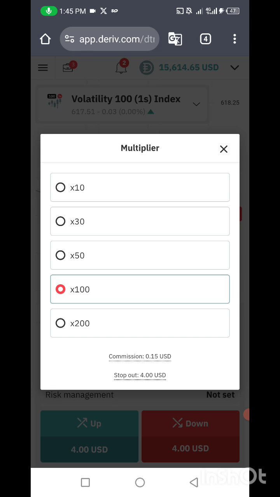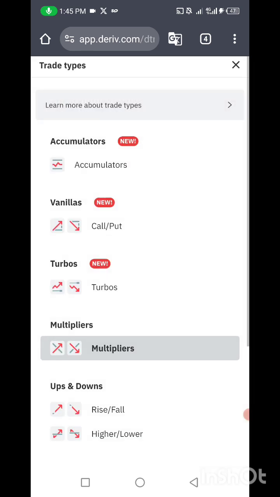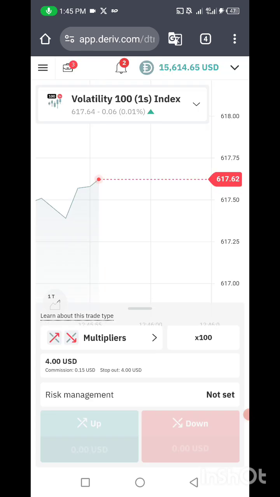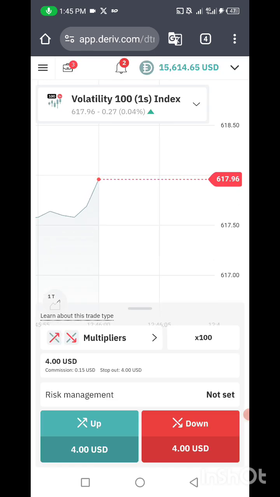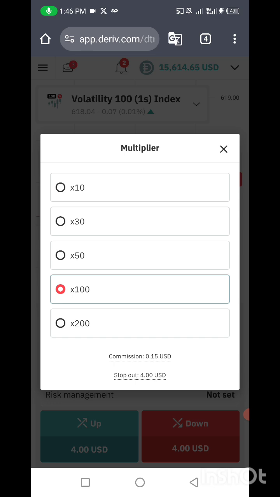We are on a multiplier market. If it is not set to multiplier market, you can see it when you click there on the column. You see multipliers there. And so we have these multiplier levels: level 1 times 10, level 2 times 30, level 3 times 50, level 4 times 100, level 5 times 200.